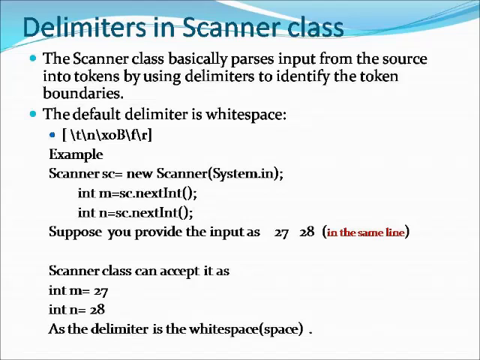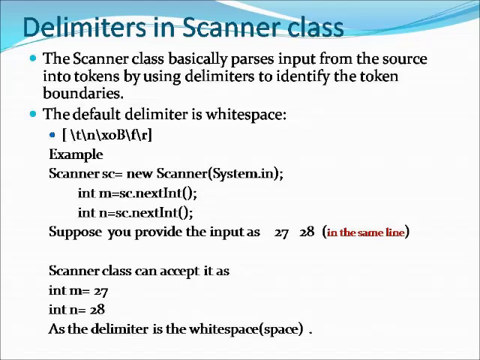Here you can see an example. Here we are trying to get two input values from the user, and those values are stored in the variables m and n. Suppose you provide the input as 27, a space, and 28, in the same line.